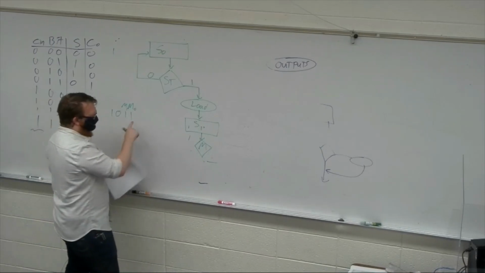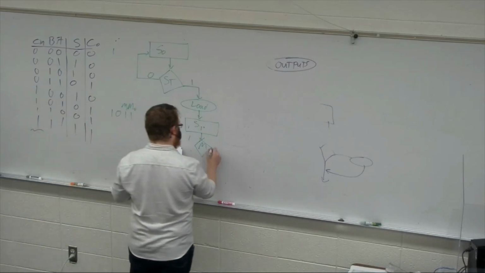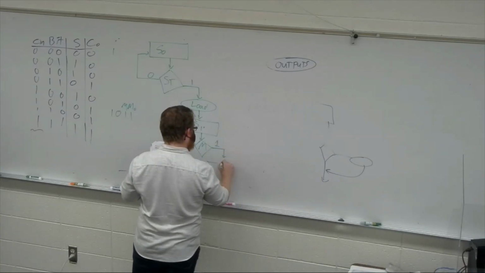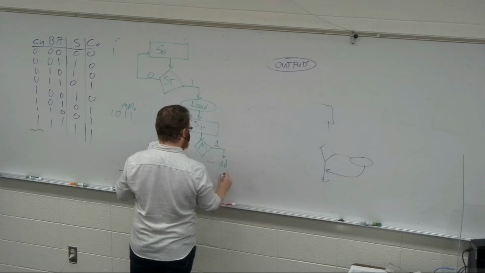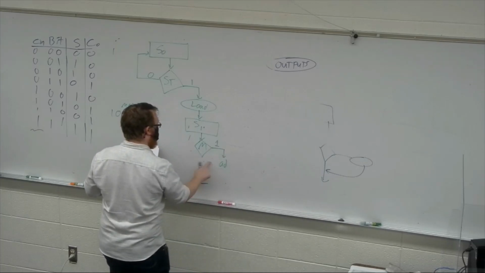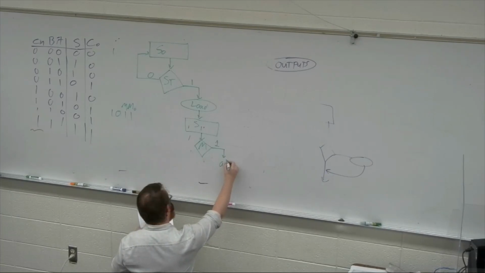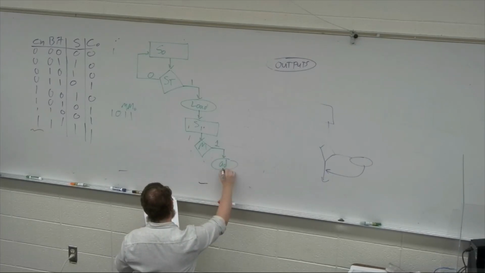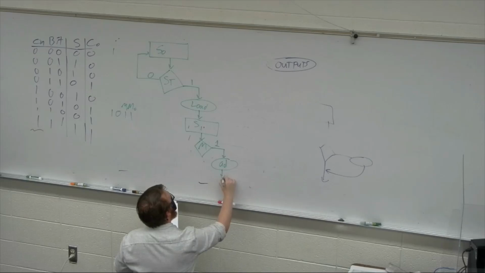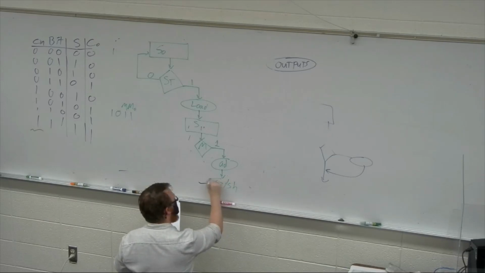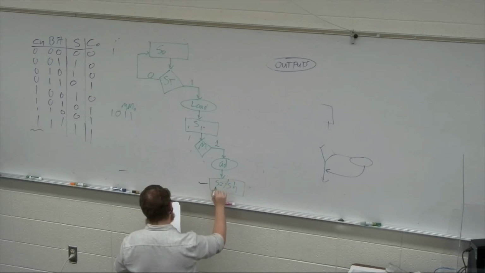So it's saying if my first bit is 1, we should add, which is an output, go to S2, the second state, and shift.